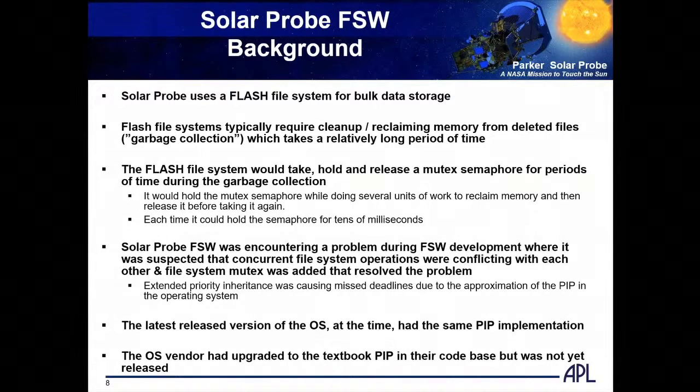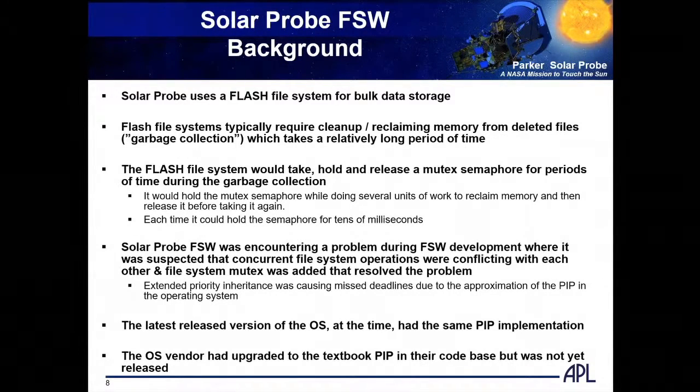But then if, for whatever reason, these low priority file system tasks hold the semaphore, they then need to send, in our case, a CFE software event message. A CFE software event message takes a mutex for a very short period of time. And if it was interrupted during that very short period, now we have a nested mutex semaphore scenario.